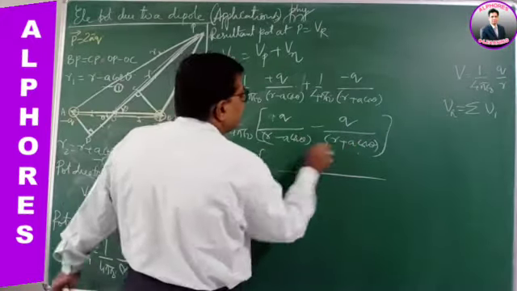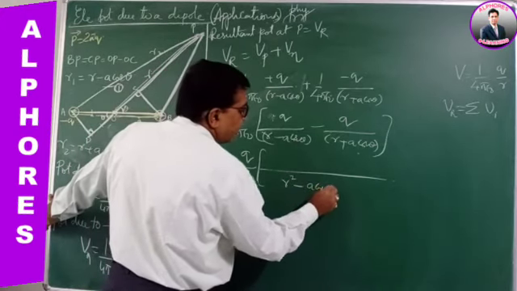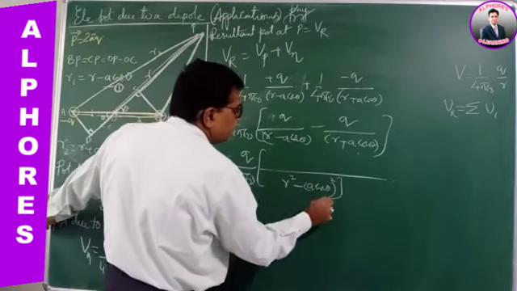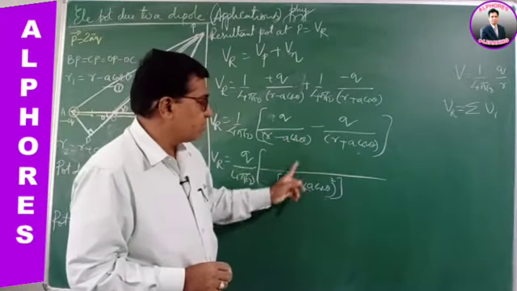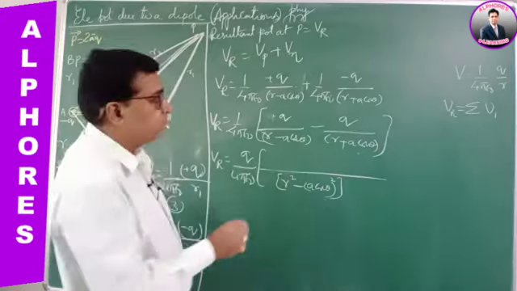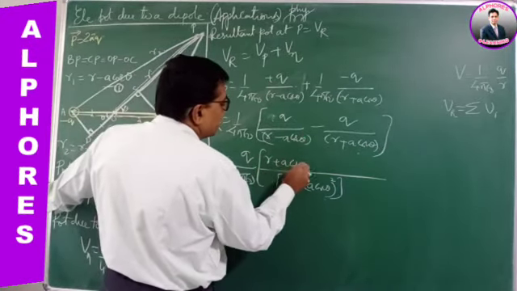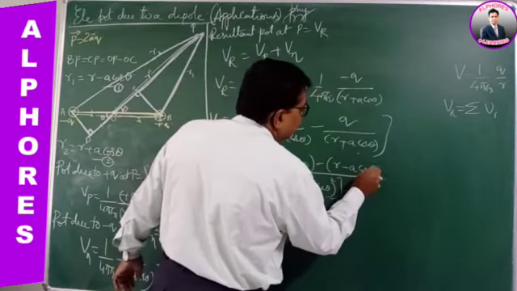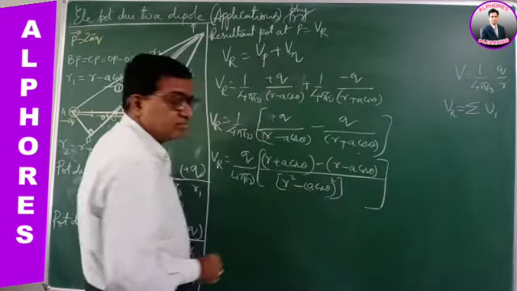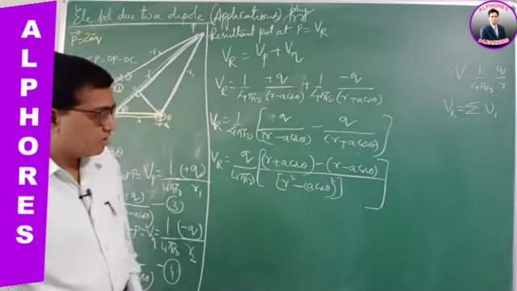So the LCM of this is R square minus A cos theta whole square, A plus B into A minus B, R square minus A cos theta whole square. This comes here and this comes here: R plus A cos theta minus of R minus A cos theta.